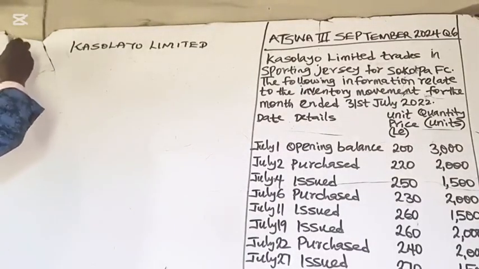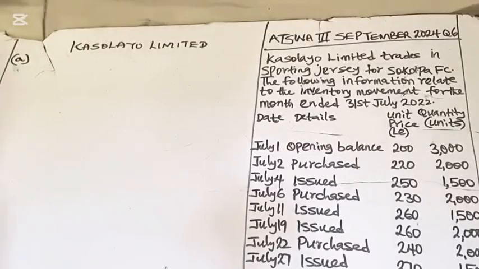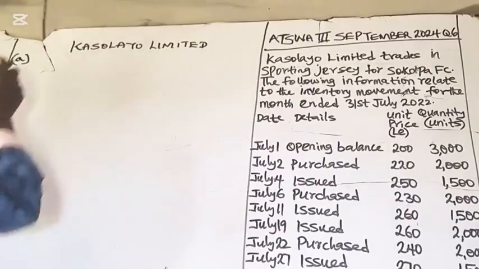In the first part of the question, you have to determine the value of closing inventories at the end of July 2022. So now you can prepare using FIFO method.